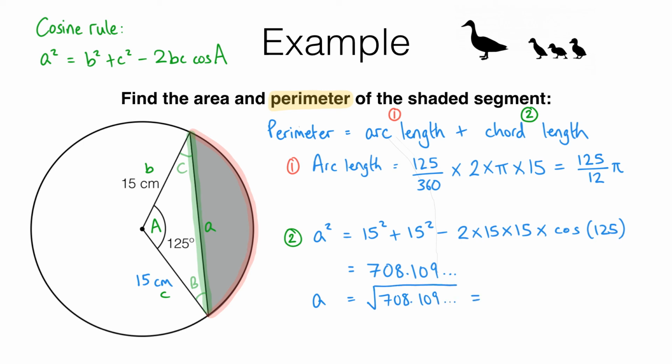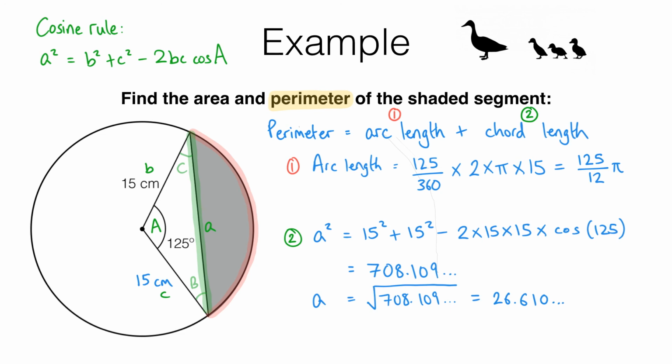And I'm going to do that by just simply pressing the square root button on my calculator and then the answer button. And that will pop in the most recent answer I'd got, which was 708.109 and so on. That square root works out to be 26.610 with some more decimal places.